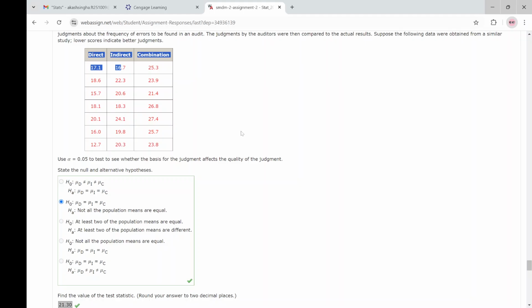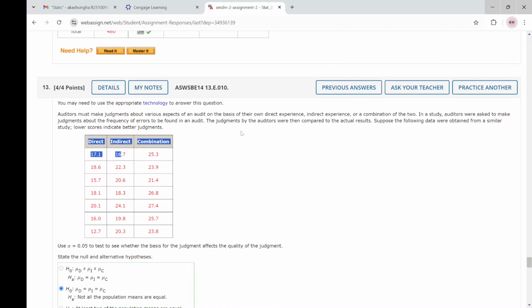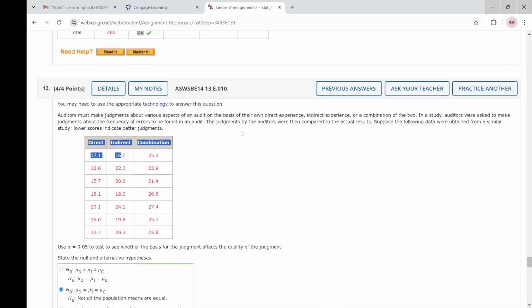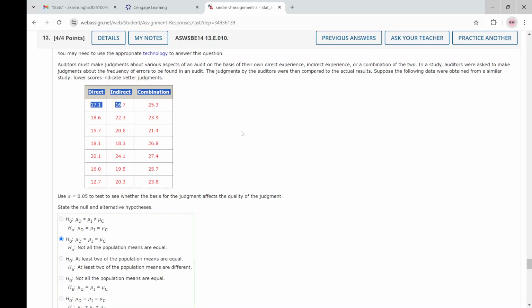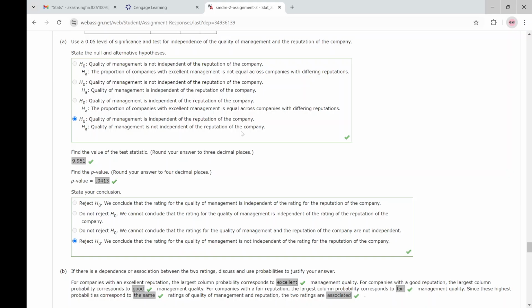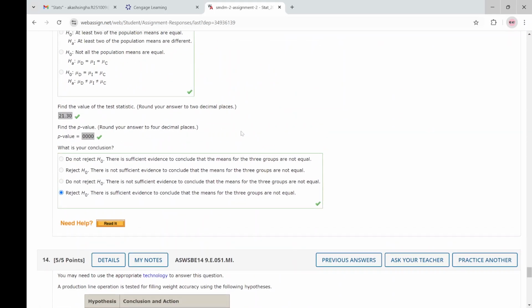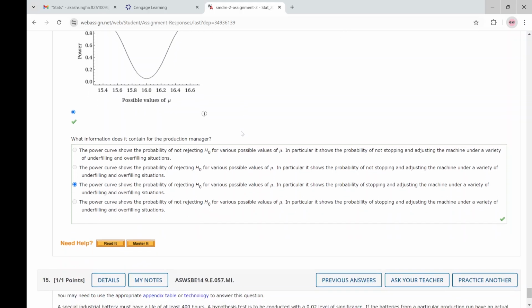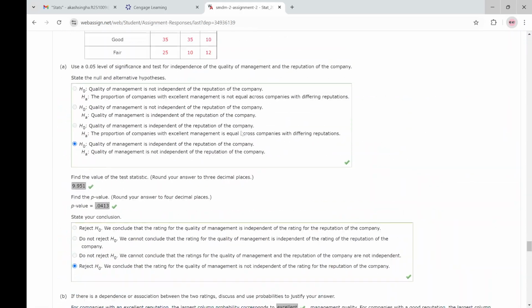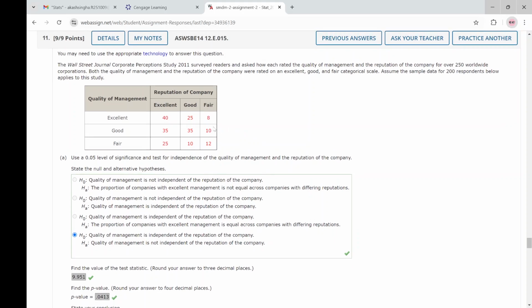What is it? This is ANOVA. Yes, this one is like chi-square.